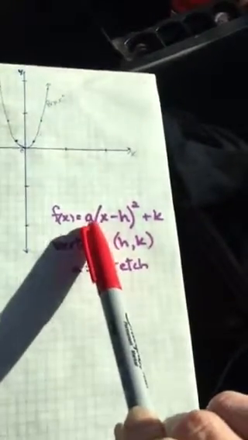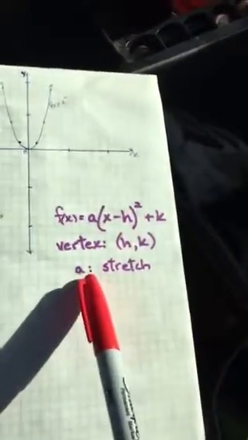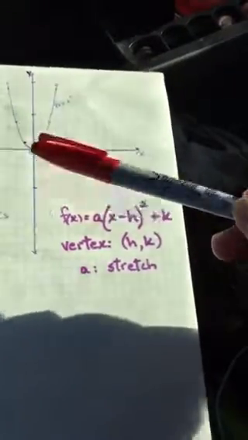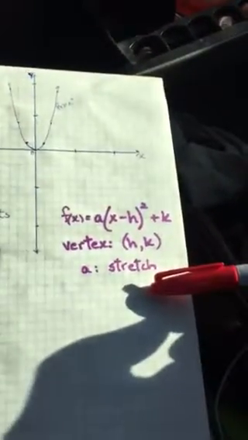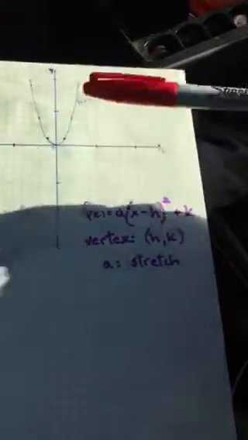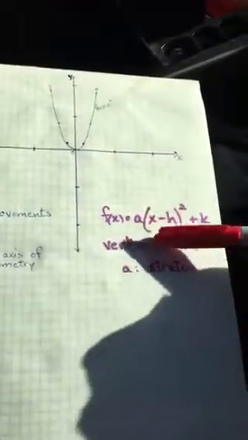And a, that's your coefficient out here outside of the parentheses. That will determine whether your parabola is opening up or down, and what the stretch is, if it's really thin and stretching up high, or if it's wider, coming out as a wider bowl. So that a will determine the stretch. So you might want to have this down on your index card too, okay?